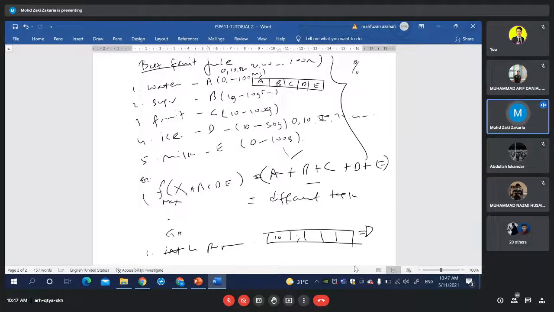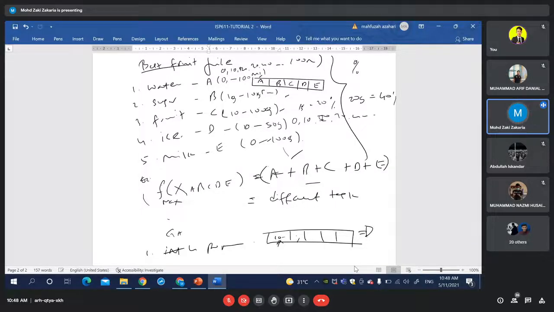Okay, sugar also, 1 means 10% because the maximum is 10 gram. If 2 gram, it means 20% of sugar. Fruit, same case. For ice, 0 to 50. If 10 gram, it means 20%. If 20 gram, it means 40%, and so on.